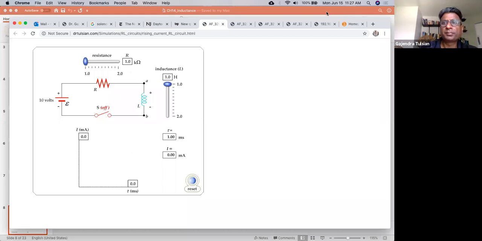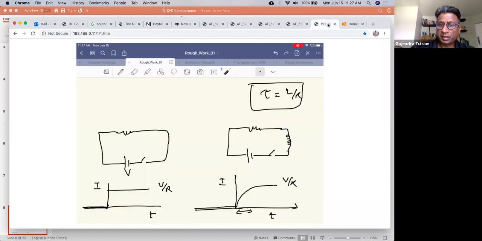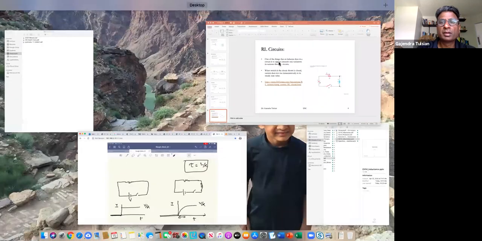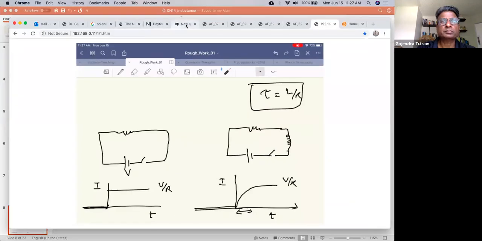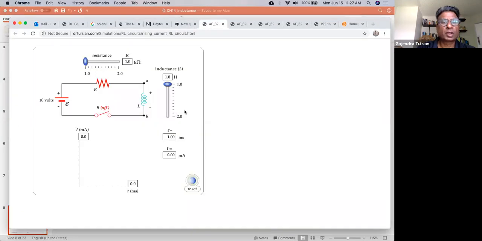It would instantly rise to its value. But because of the inductor, it will rise like so. Let's close the switch, and you see the current rising like that.